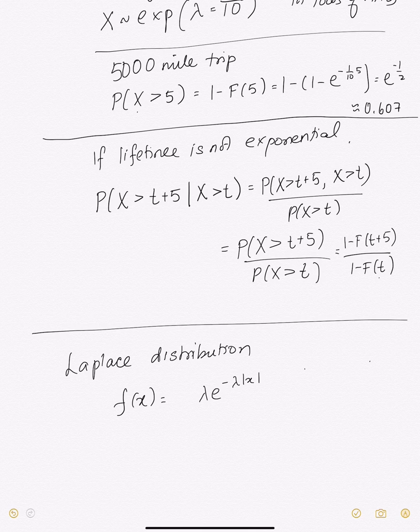It's symmetric that way. And of course, now this won't integrate to 1. This will integrate to 2. So you need to put a 1/2. All right. So this is a Laplace distribution, and it is equally likely to be either positive or negative, and it is like taking the exponential random variable and having it on both the positive side and the negative side, but of course you needed to divide it by 2.